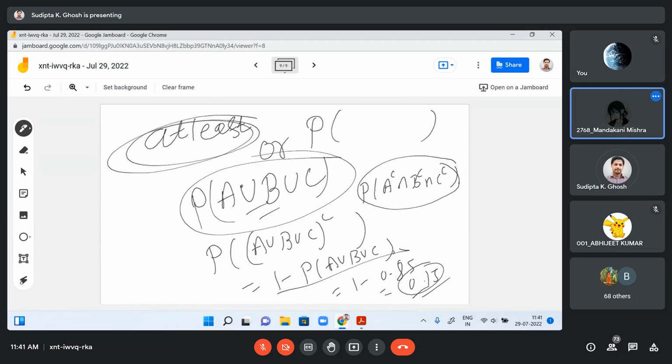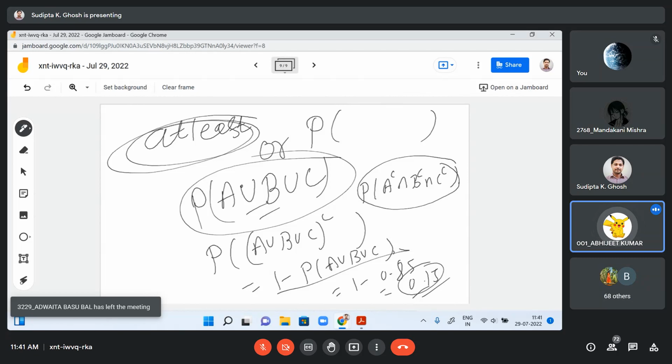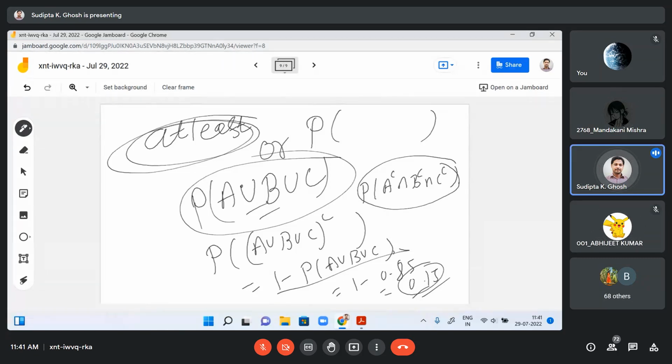Exactly one: only automatic, not the others. Probability of C and complement of A and complement of B. Means the person is interested to purchase only automatic transmission, but not GPS, not sunroof.